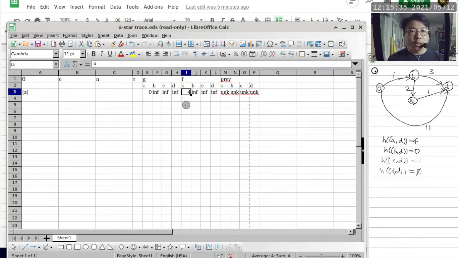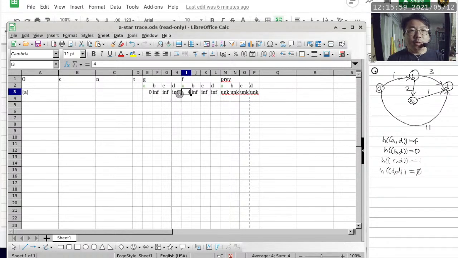This basically means, optimistically speaking, that we think there might be a path that has a length as short as 4 from the start vertex through vertex A to the destination vertex. Technically that's what the F value is telling us.